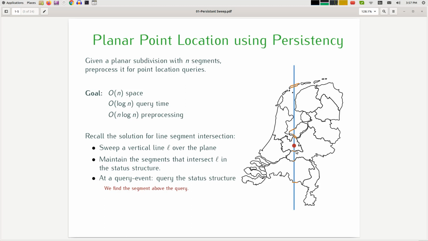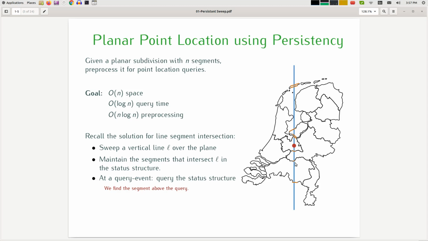Unfortunately, we have n event points. In other words, this set of line segments that intersect the sweep line changes all the time. This could change up to n times. Remember that these are disjoint, so we don't have an intersection. So we have 2n event points at the maximum. But at every event point, we could have a different set of line segments intersecting the sweep line.